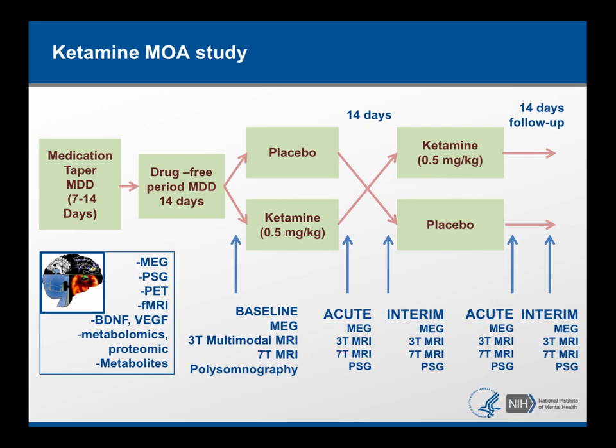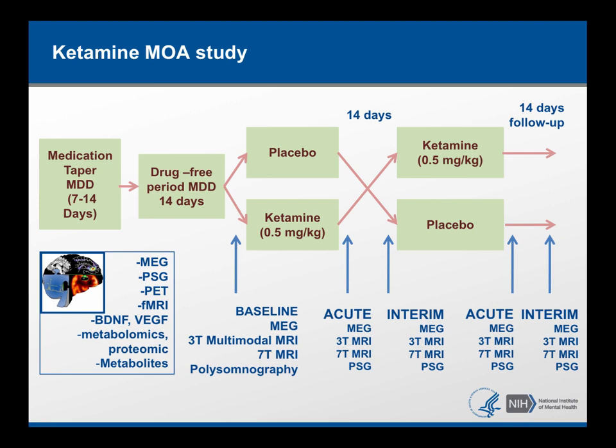So for the rest of this talk, I'm going to talk about the ways that imaging can inform studies of depression and studies of depression treatment, and I'm going to intersperse studies from the literature along with studies from one of our recent trials, which we call the ketamine mechanism of action study.